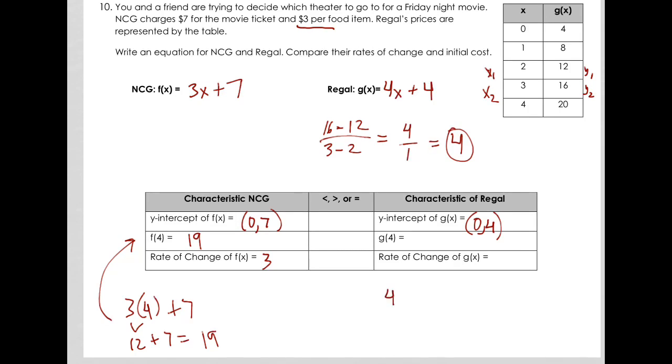So 4, parentheses where the x was, plus 4, and then it wants us to plug in a 4, so we're comparing the two. This is 16, bring down the plus 4, that's equal to 20. G of 4 is 20. And then the rate of change, it's right here in your face, which is 4.